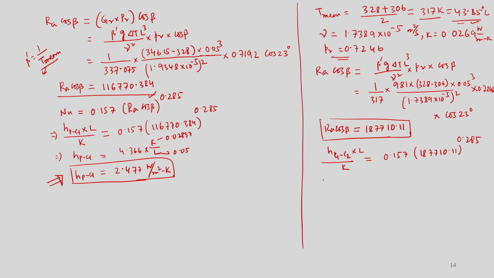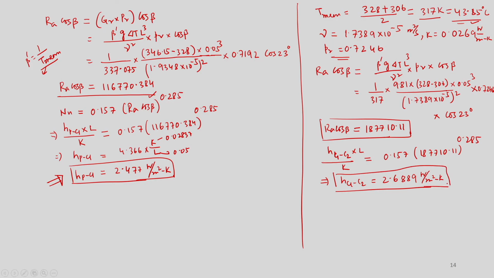On calculation, the value we get for h c1 to c2 is 2.6889 watt per meter square Kelvin. So, this value we got.